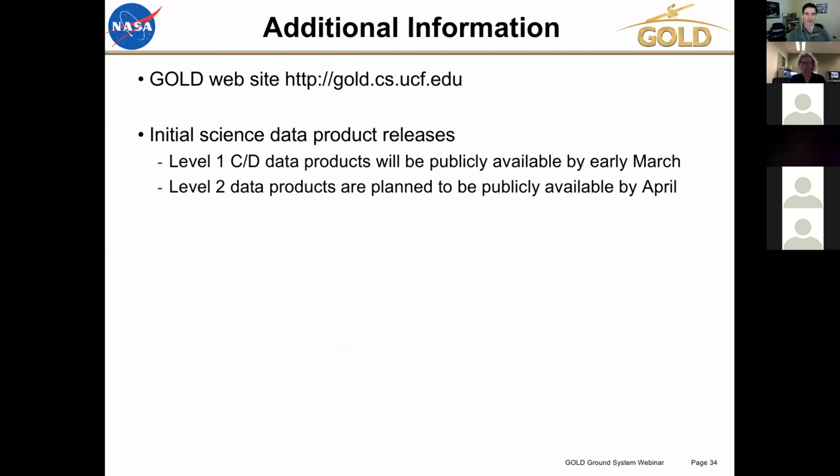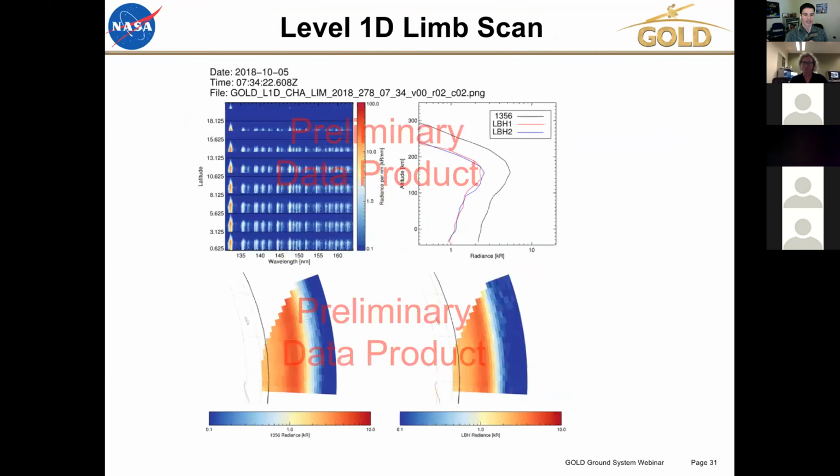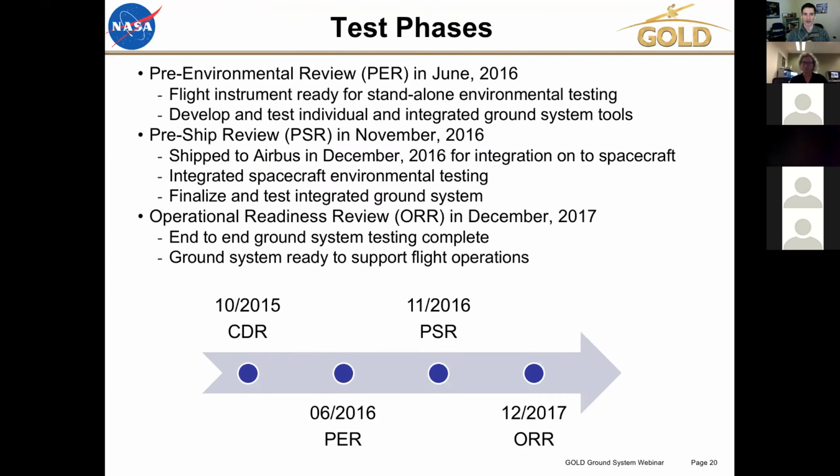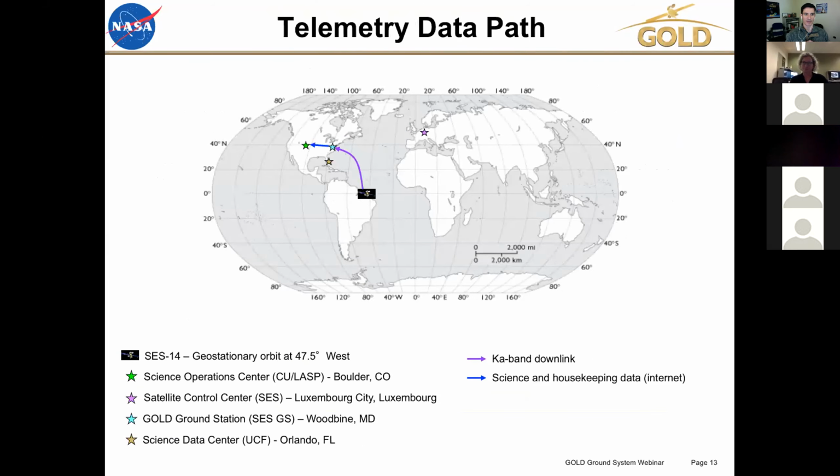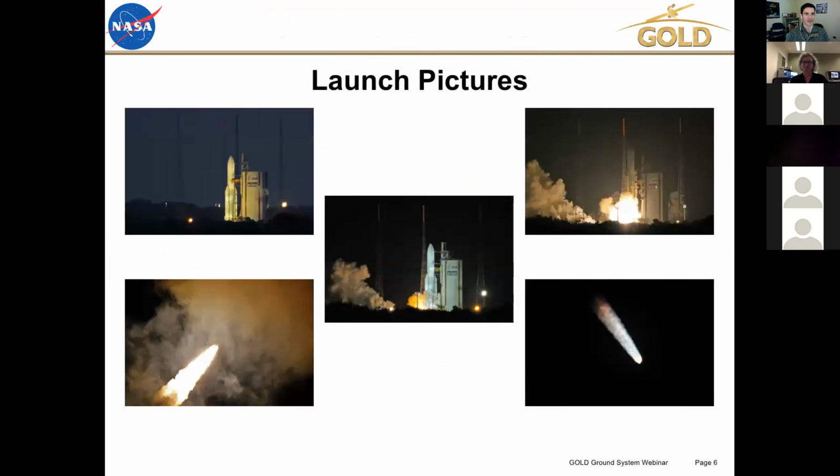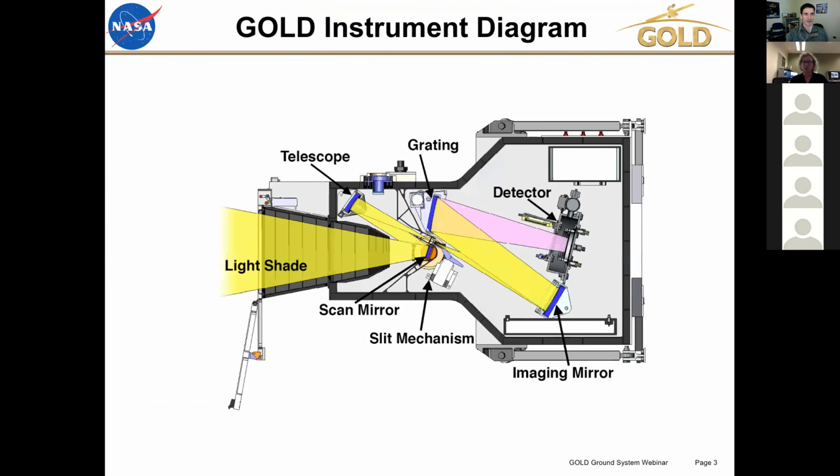Karen, I had one question for you, and this is kind of an engineering question, but related to the reflection of the ray trace, that diagram you showed. Are there specific chemicals or metals or coatings that are put onto the mirror so that it only reflects in the ultraviolet, or in the specific wavelengths of ultraviolet that GOLD is concerned with?